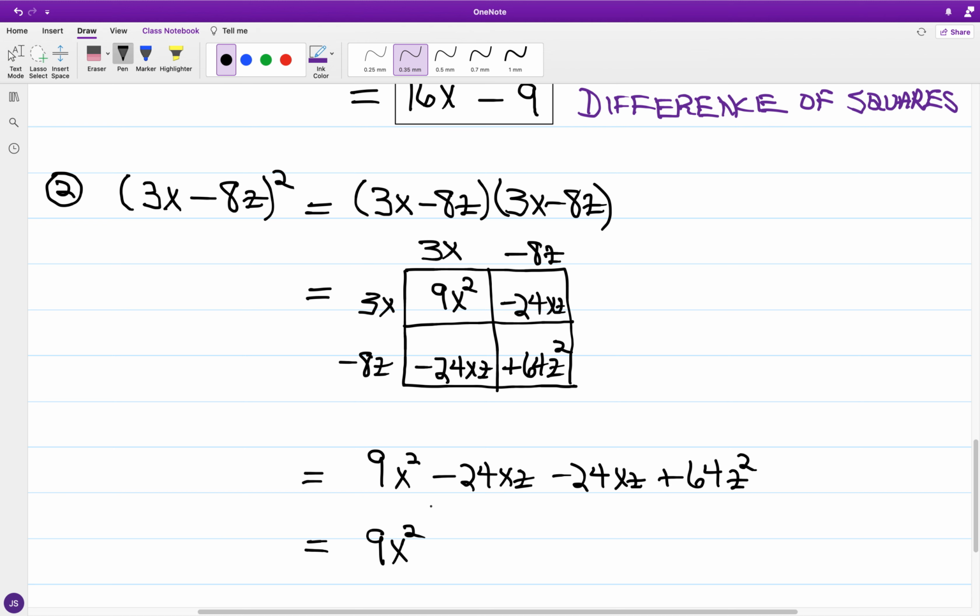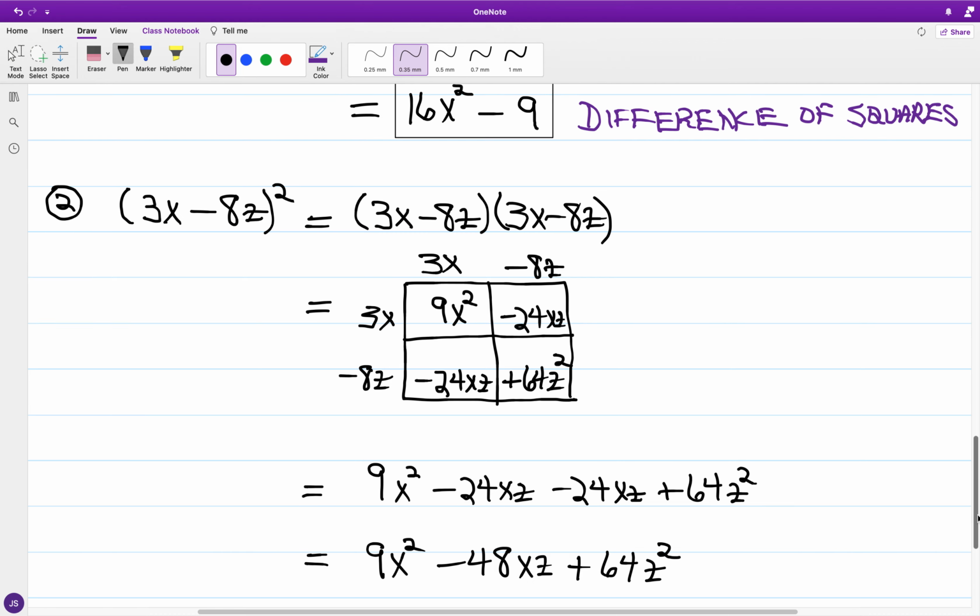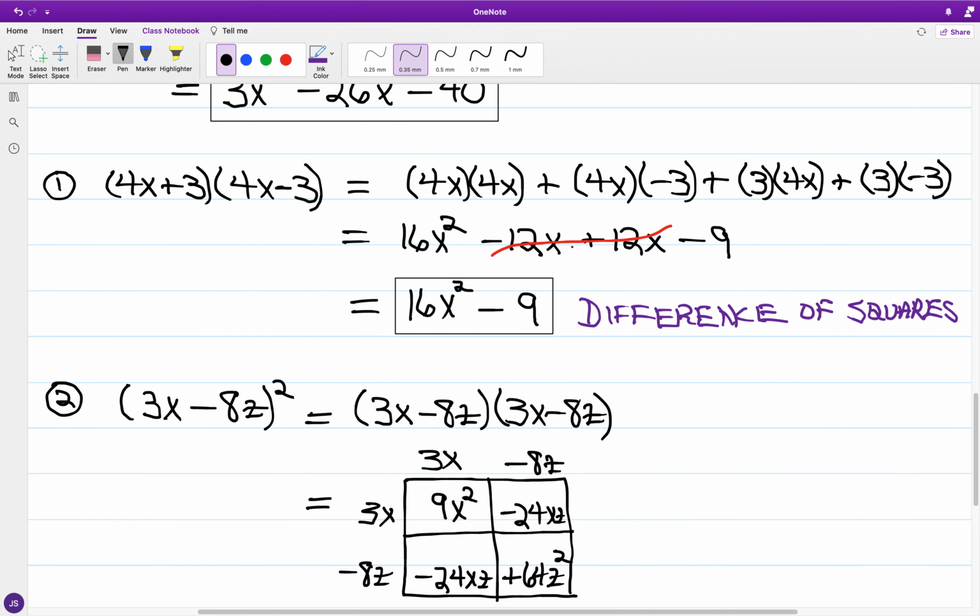Now we have minus 24xz minus 24xz, so there's no cancellation here. Negative 24 and negative 24 will amount to negative 48xz. And again, we have the last term, 64z squared.